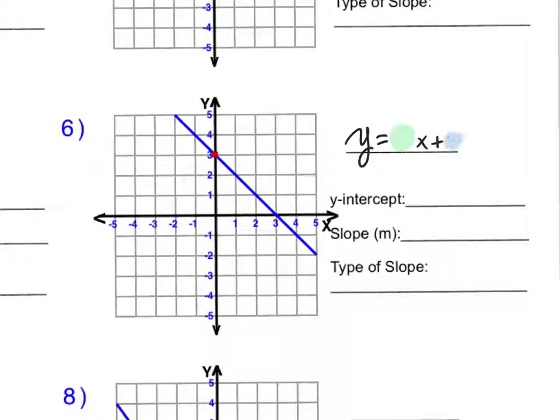What's b? It's my y-intercept. So what's going to go here for b? Isn't it that point right there that crosses the y-axis? That's my y-intercept. That's where my line crashes into the y-axis. So plus 3.